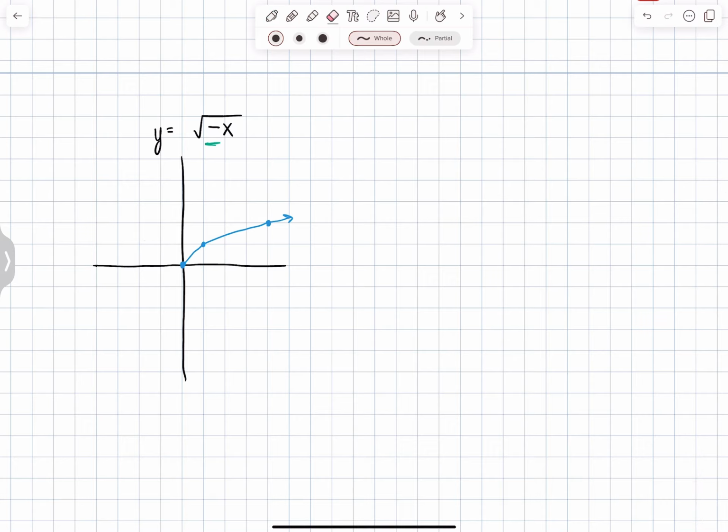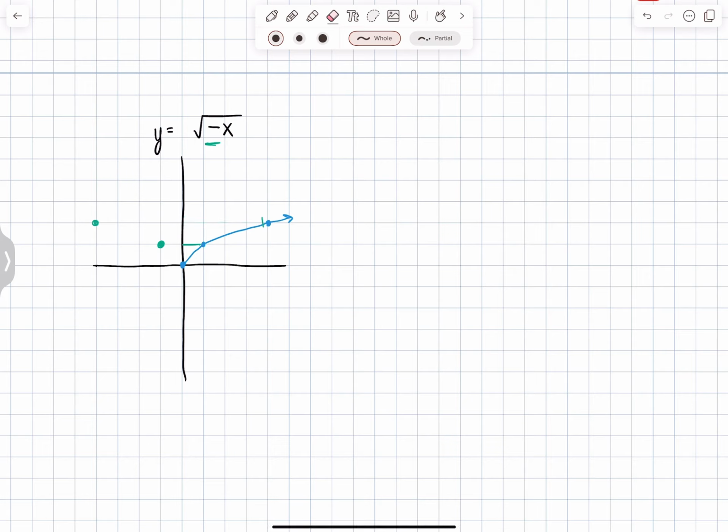All we're going to do is count how many from the x. Here we have 1 comma 1, so that's going to be on this side, right here. Here we have 4 comma 2, so we're going to have negative 4 comma 2. Same distance here and same distance from here to here.